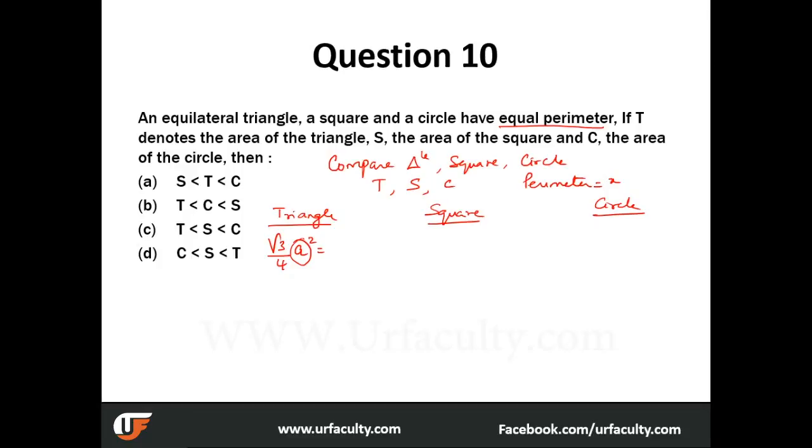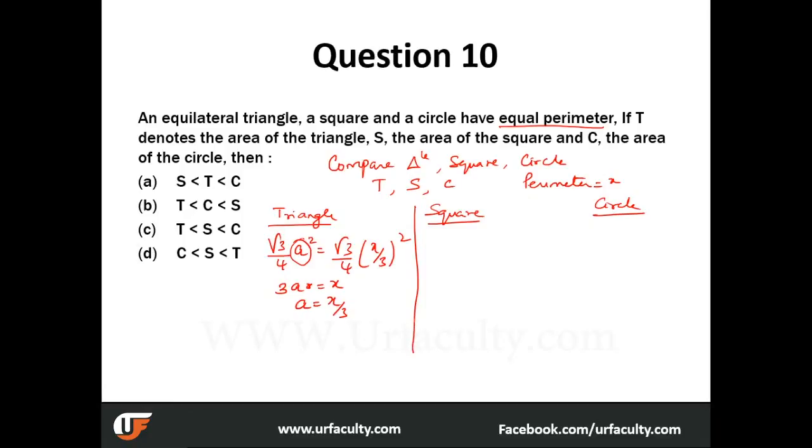So how do you find out a? We know the perimeter is x. So if perimeter is x and it's an equilateral triangle, then 3a is equal to x and a is equal to x by 3. So what do we get here? Root 3 by 4 into x by 3 square.